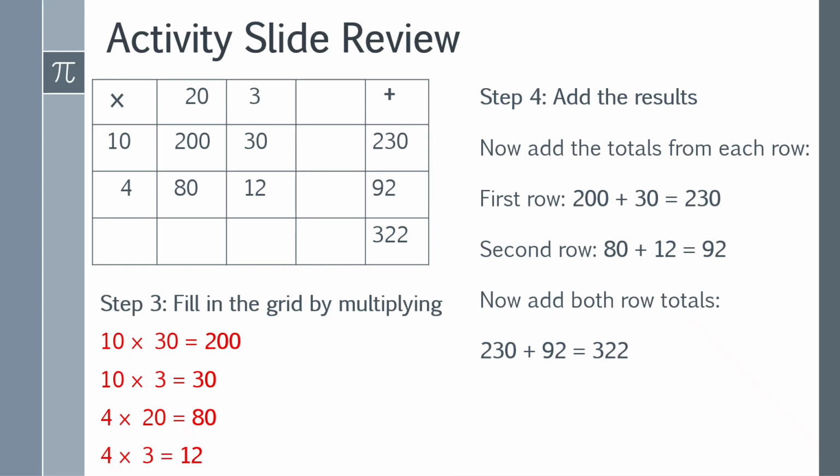Add 80 plus 12 to have 92. Then finally, you're going to add 230 plus 92 to have 322 as your final answer. Easy peasy. So your final answer is 322.